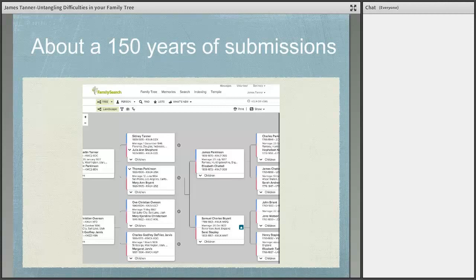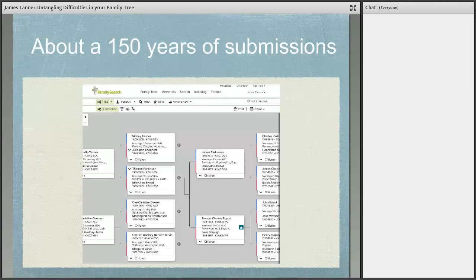The latest figures that I've heard is there's about 1.1 billion names in the family tree. That includes, of course, all the records that have been submitted to new.familysearch.org, and also to the family tree when it became a successor to new.familysearch.org.